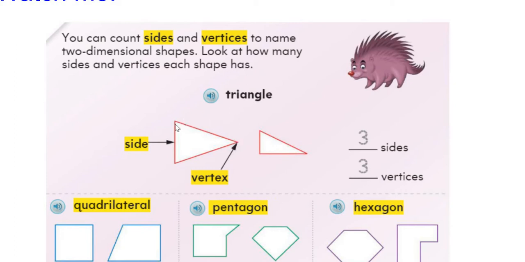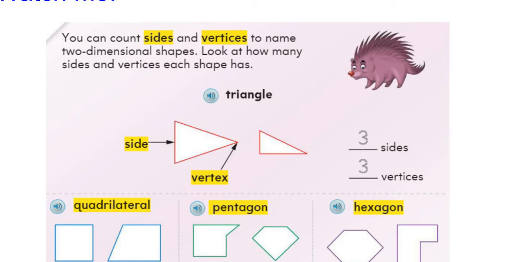And I want to throw another word in there, and it's the word angles. Each angle is where the shape bends at the vertex. Okay? So a triangle has 3 vertices, we say, and it also has 3 angles, and 3 sides.